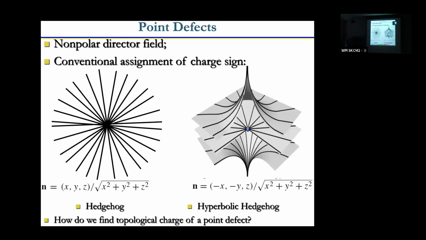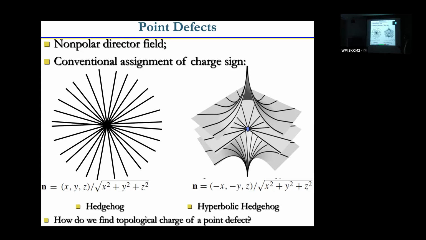Okay, so in these cases I had unit vector fields, and you could naturally see that the wrapping directionality could be different. And we will see some more examples of that in a few minutes.